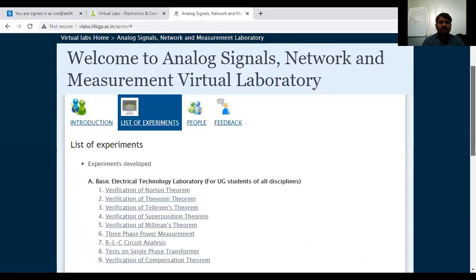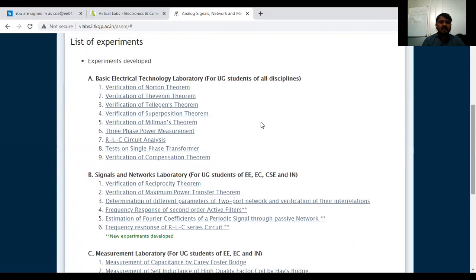Downside, it is showing the list of experiments: basic electrical technology for UG students of all disciplines. This is basic electrical engineering, and all the details are available here. I think the network analysis subject will also come in the next semester: Norton's theorem, Thevenin's theorem, superposition theorem, Millman's theorem. And see here, three-phase power measurement. It is there.